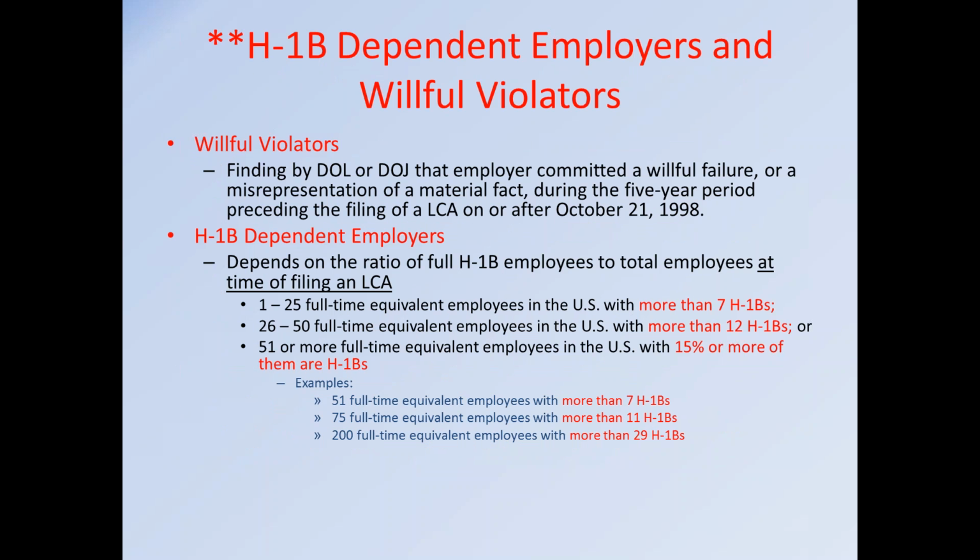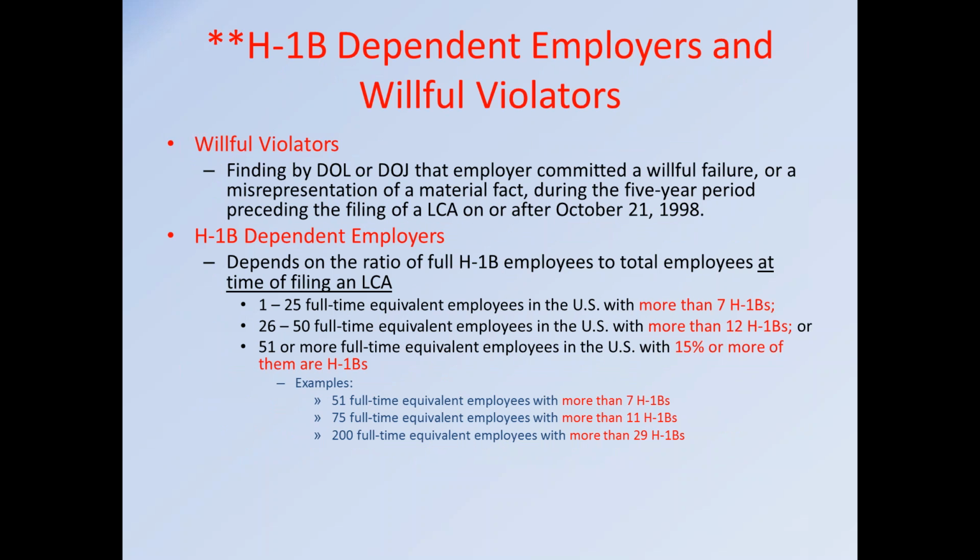A willful violator is if you've ever had a determination, a finding or an order, or something similar from the DOL or the DOJ, that the employer committed a willful failure or misrepresentation of a material fact during the preceding 5 years of that LCA. That LCA meaning the one you're about to file.